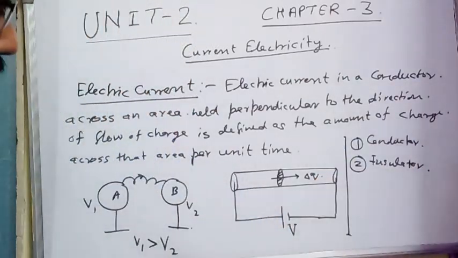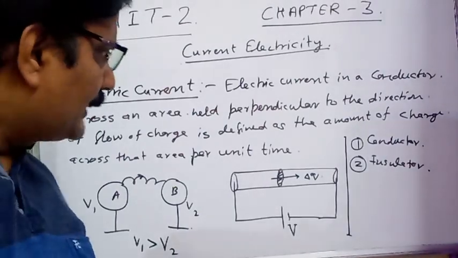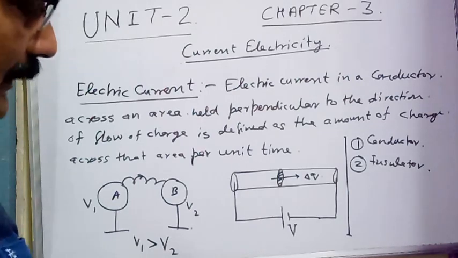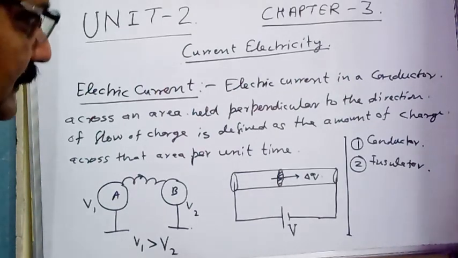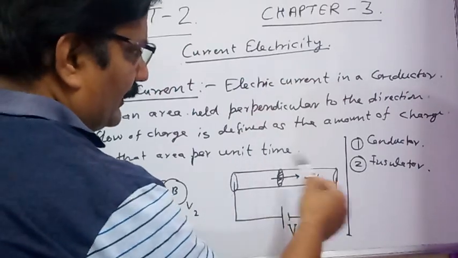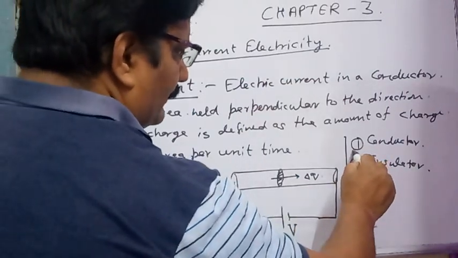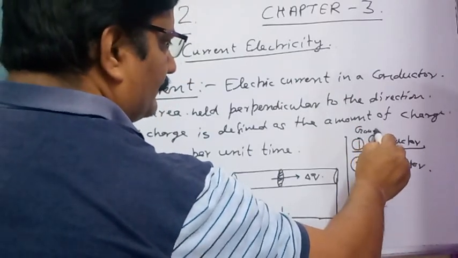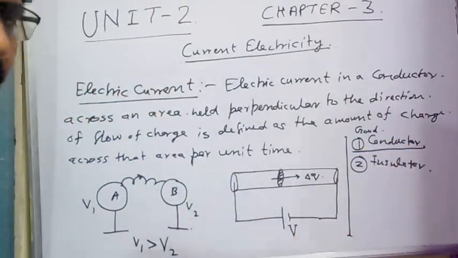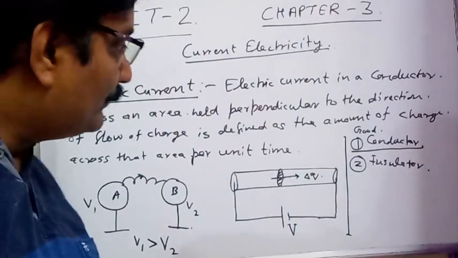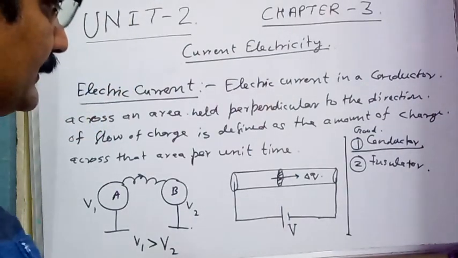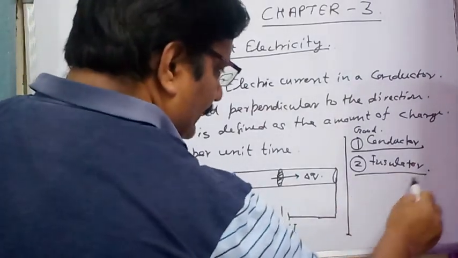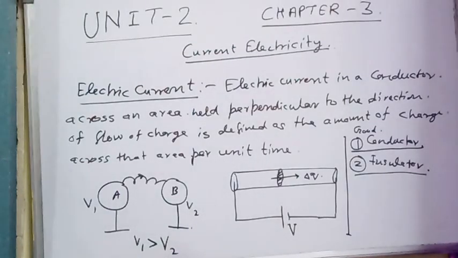If a material contains charge carriers, the charged particles or charged ions which are responsible for the flow of electric current through that material, then the material is said to be a conductor, or a good conductor of electricity. If a material is unable to conduct, or unable to let electric charges flow through it, then the material is classified under the second category, that is insulator or bad conductor of electricity.